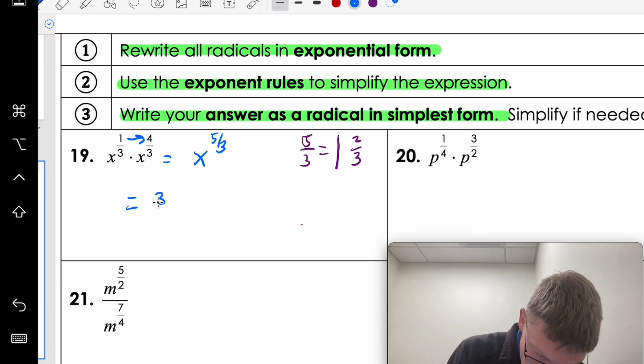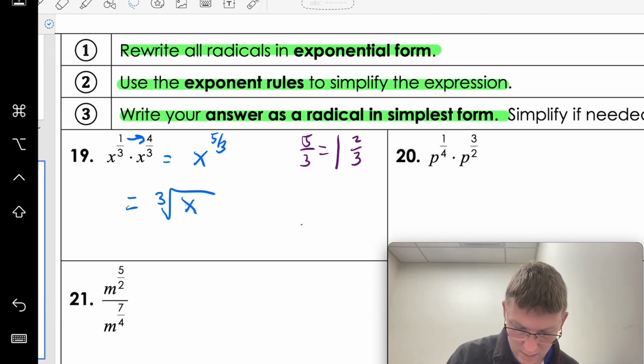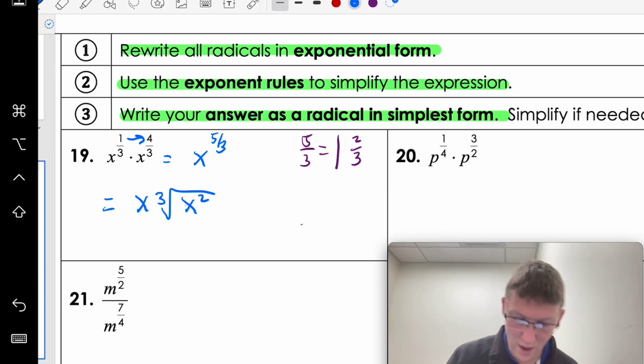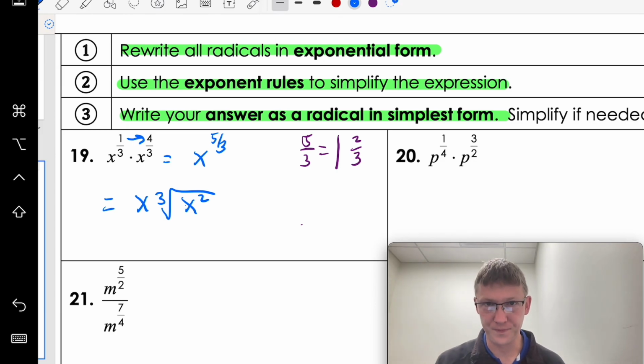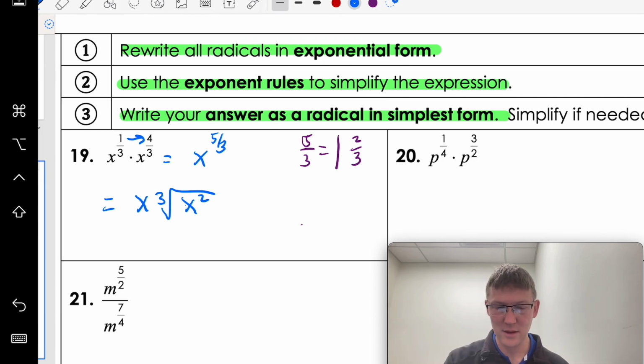So if I'm going to turn this into radical form, this is going to equal the cubed root of x, and based on my fractional stuff, we're going to have 1 x come out here, and then we're going to have a squared right there. Again, I'm hoping you're starting to see how the fractional math is working.